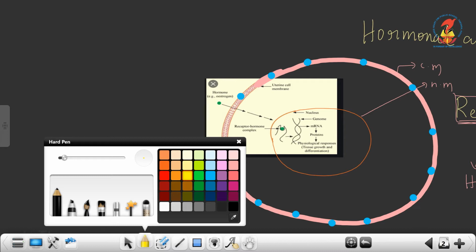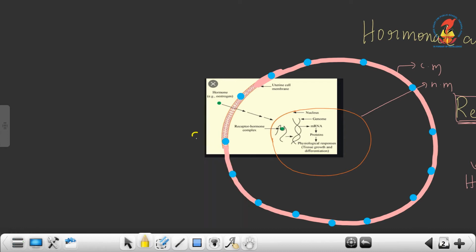So I am going to draw some hormones outside. To show that specificity, I am showing structures with sockets so that they can correctly fit into the receptor. So you can see one with a very small socket, one with a broad shallow socket, then here medium and different. So I am going to explain the property of specificity.